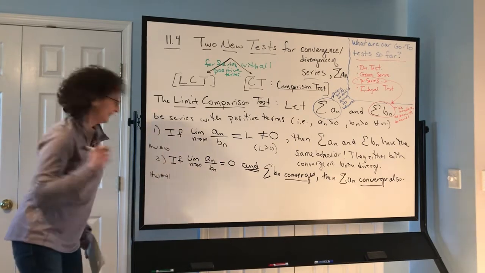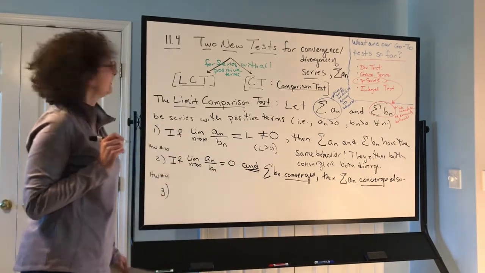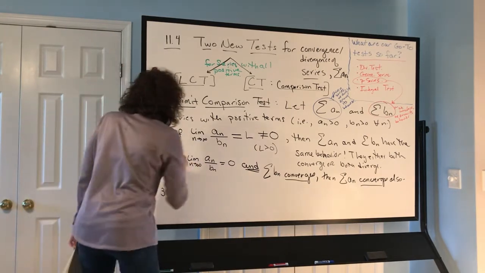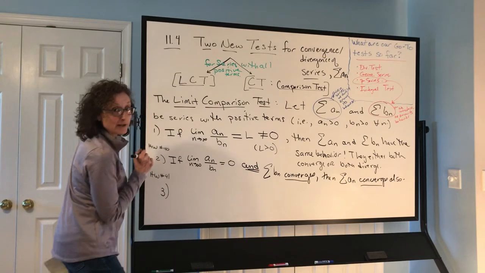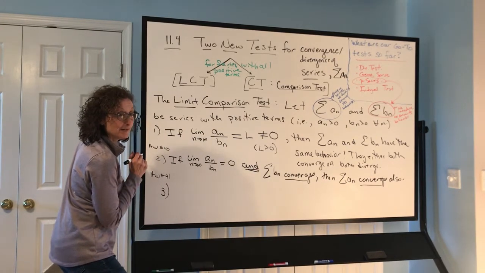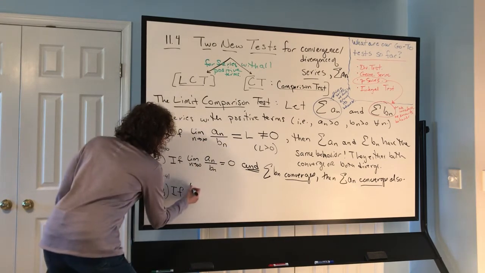That's the third part of the limit comparison test. Do you have a guess what this is going to say? What's the other option for this limit?